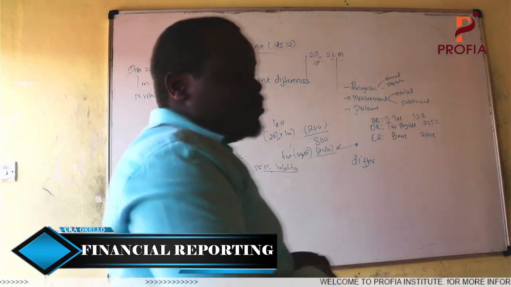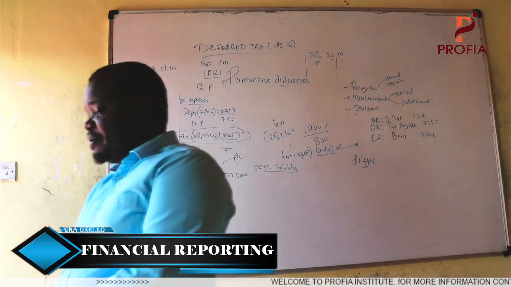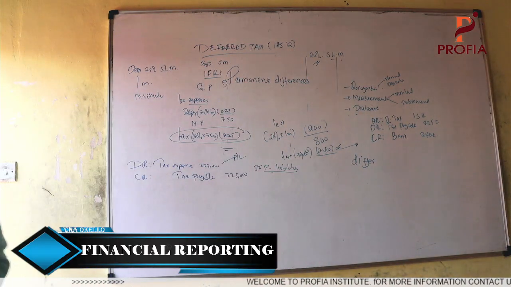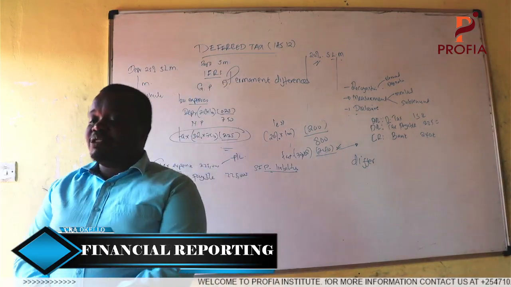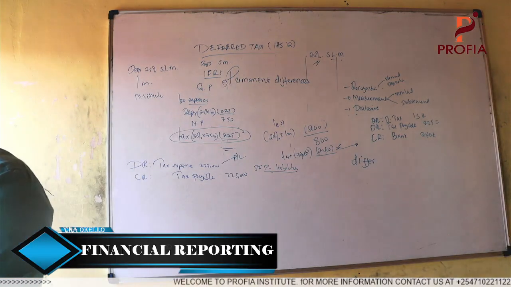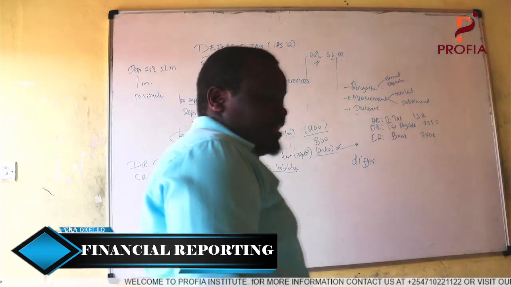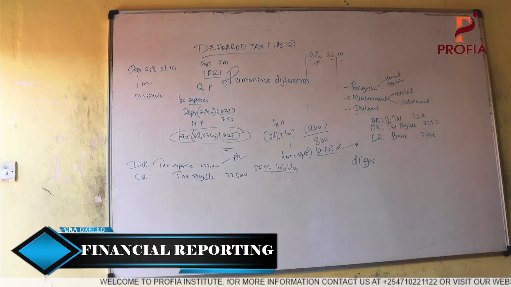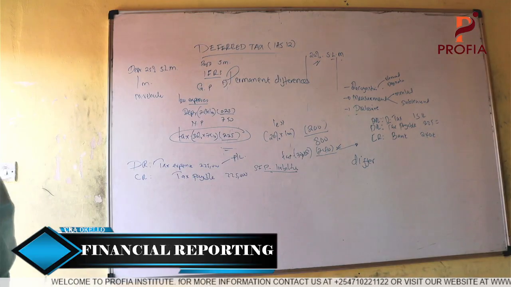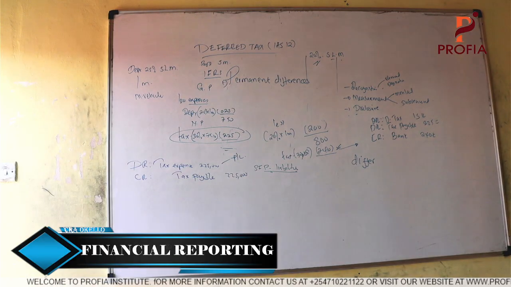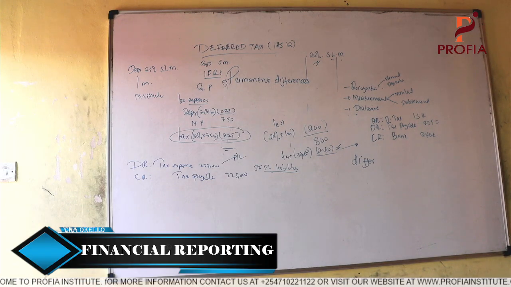These are differences brought about by items in the P&L that are recognized in the computation of one accounting profit and not the other.